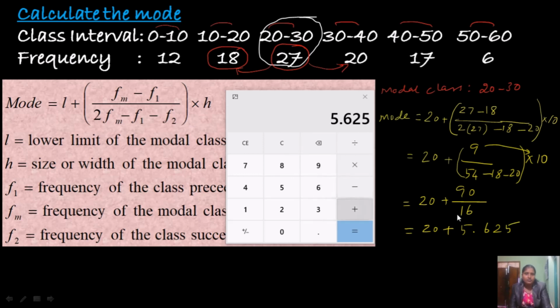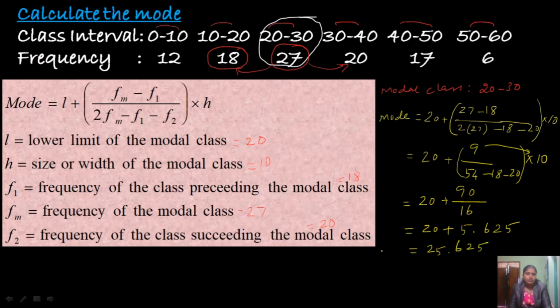When we add this to 20, we have 25.625. So the mode in this case is 25.625.